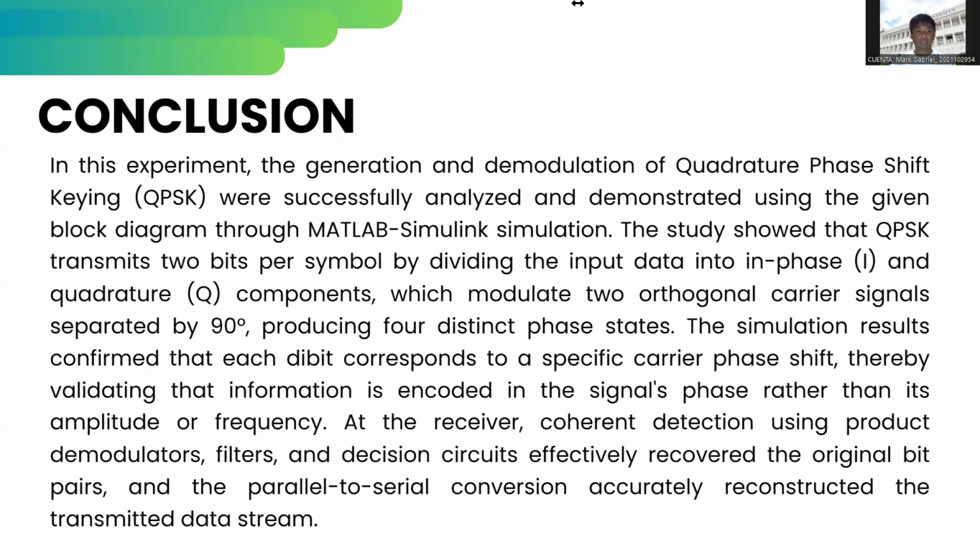In conclusion, in this experiment, the generation and modulation of quadrature phase shift keying were successfully analyzed and demonstrated using the given block diagram through a MATLAB Simulink simulation. This study showed that QPSK transmits 2 bits per symbol by dividing the input data into in-phase (I) and quadrature (Q) components, which modulate two orthogonal carrier signals separated by a 90-degree phase shift, producing 4 distinct phase states.